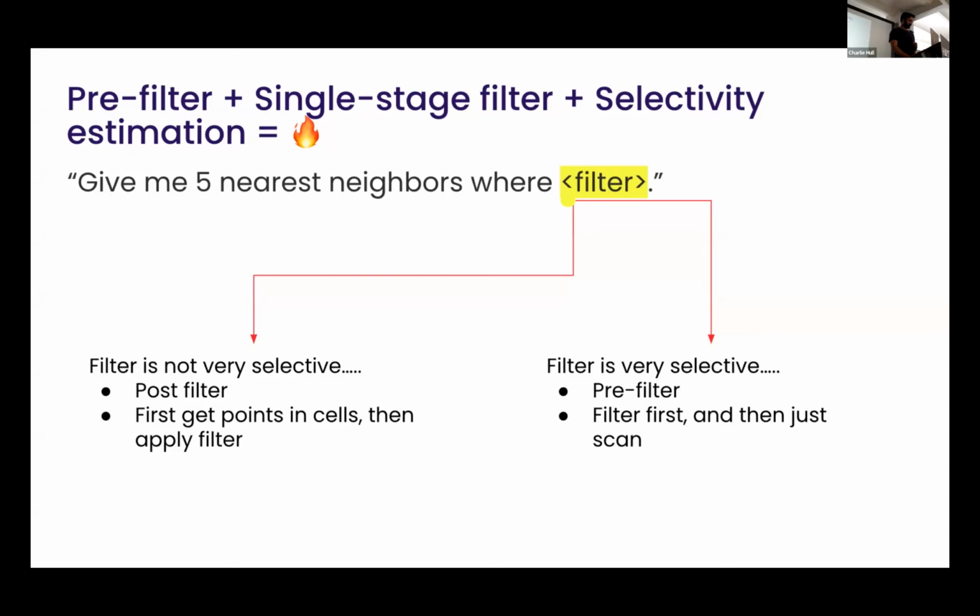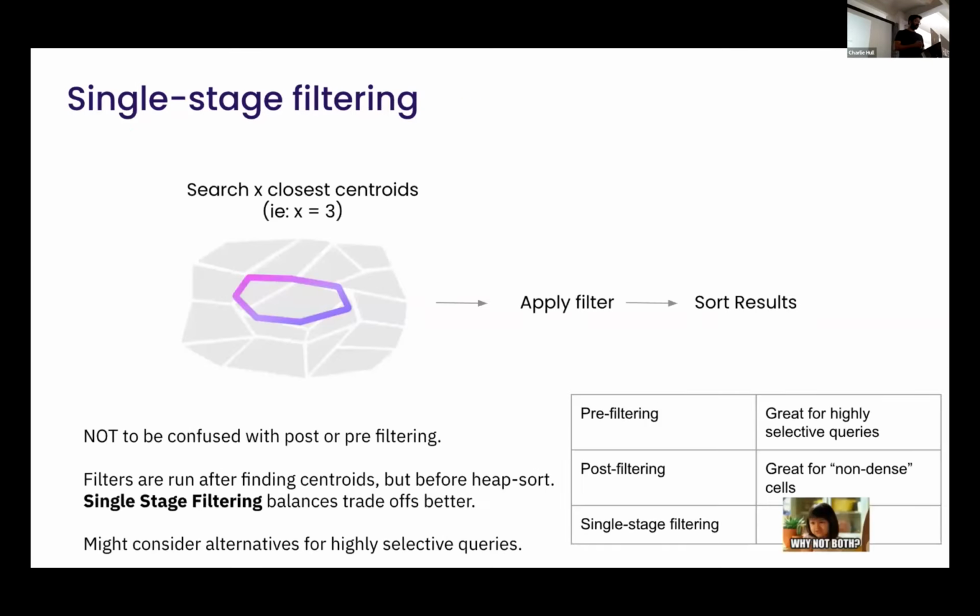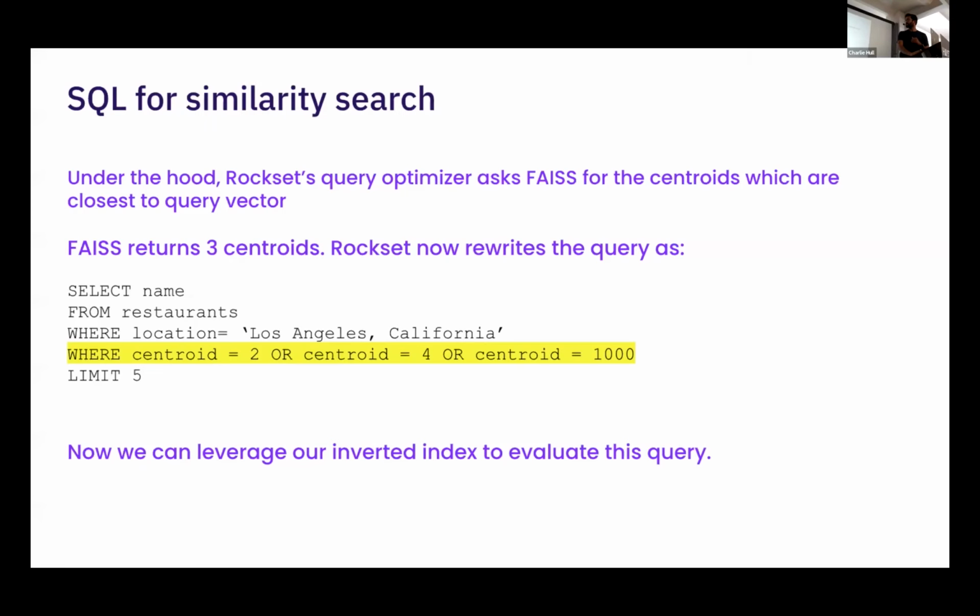In our case, we have what we call single stage filtering. If you remember the earlier example, given a vector search query, we first query the library to identify which centroids this query belongs in. That part is done regardless of the other filters in the query. And once you're down to a query like this, from here on, the cost-based optimizer takes over, and it figures out which part of the query will access which index in the database.